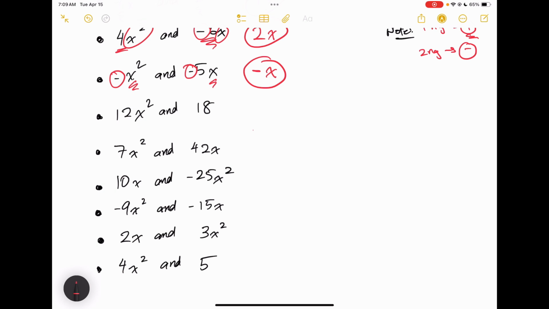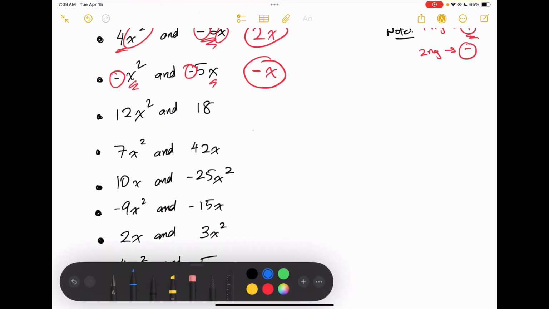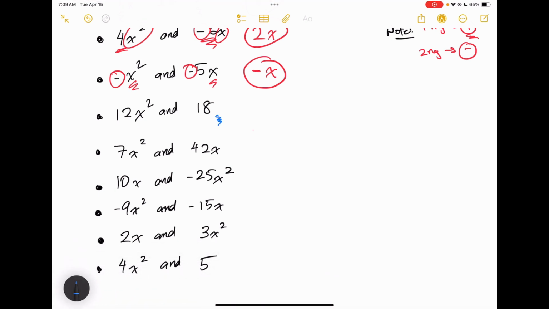Next up, 12x squared and 18. Notice here, I just have 18 with no x. Here's a little bit of another hint, or a note, as I will call it. Remember that any number that has an exponent of 0 is nothing more than 1. So if you don't see a variable, that means the exponent is 0.